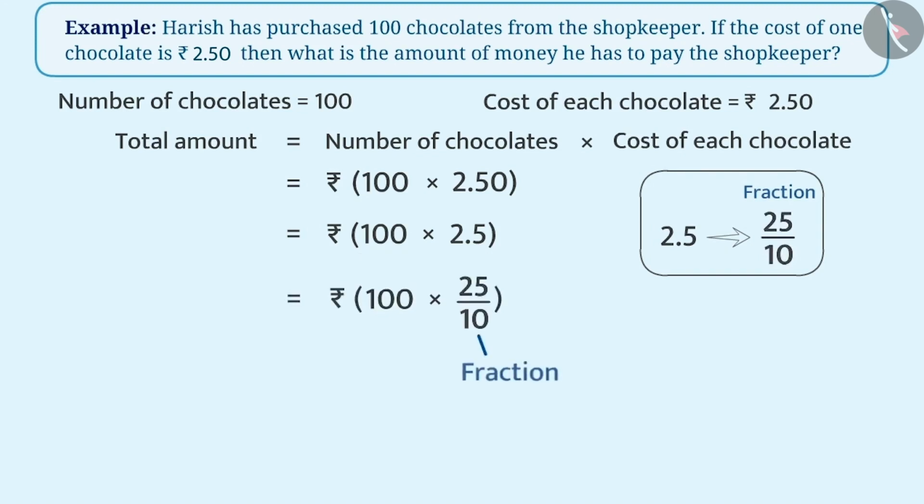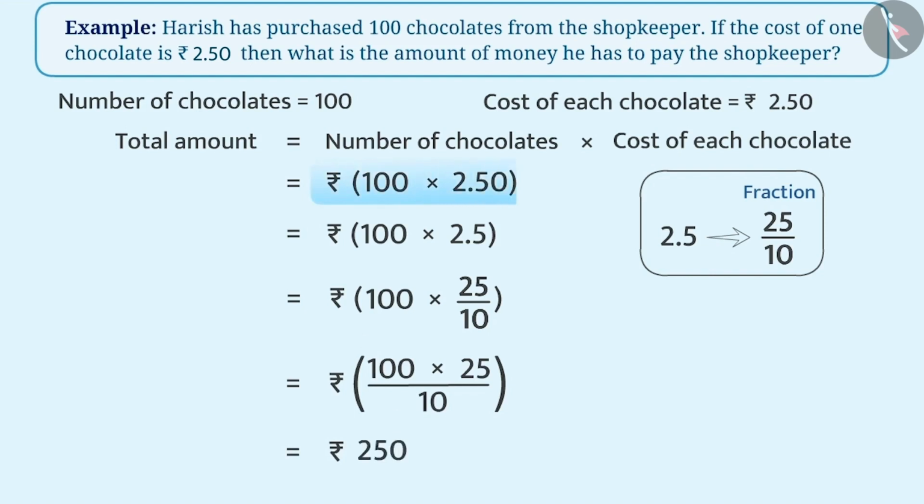Here, a fraction is getting multiplied with a whole number. In order to obtain the answer, we will multiply the whole number with the numerator of the fraction and then divide the result with the denominator. Therefore, the answer obtained is 250. If we carefully look at 100 multiplied by 2.50 is equal to 250, then we can find that the number of digits in the answer and given decimal number are the same.